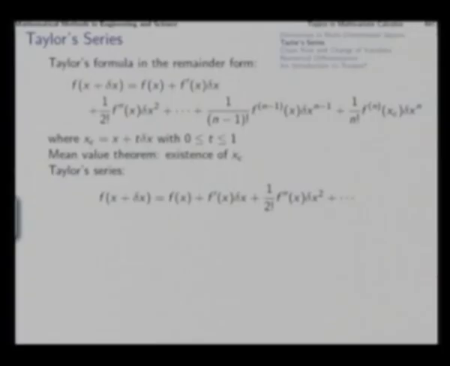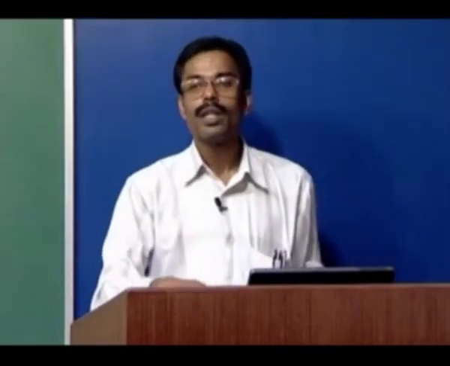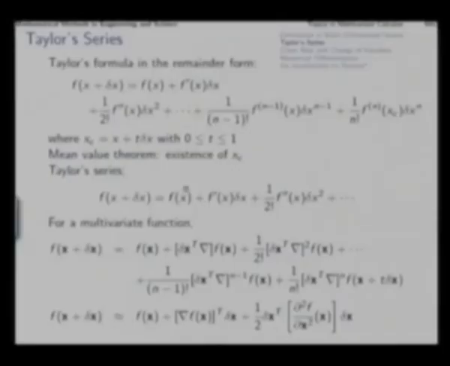Now, what is its analog for a vector variable or for multivariate functions? For a multivariate function, you will find that this f(x) term is the same here, and the f prime x into delta x term will be included like this, delta x transpose the gradient, plus this second order term will be taken as delta x transpose the Hessian into delta x, okay, and so on.